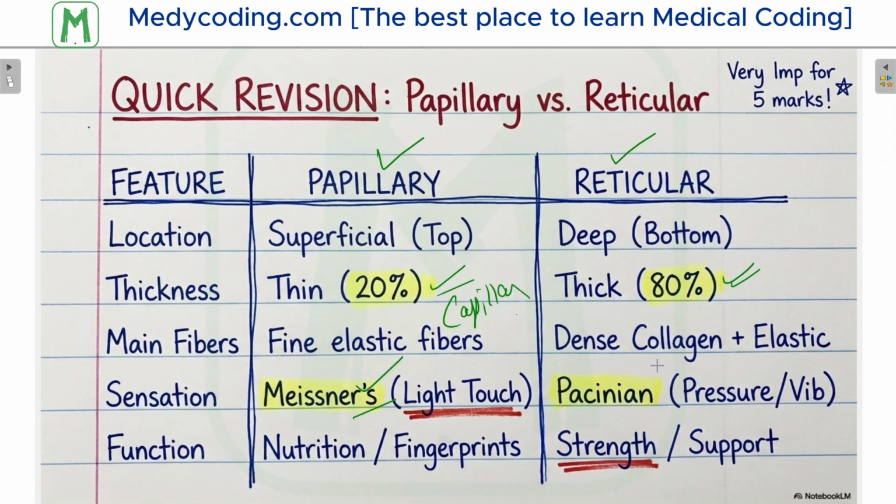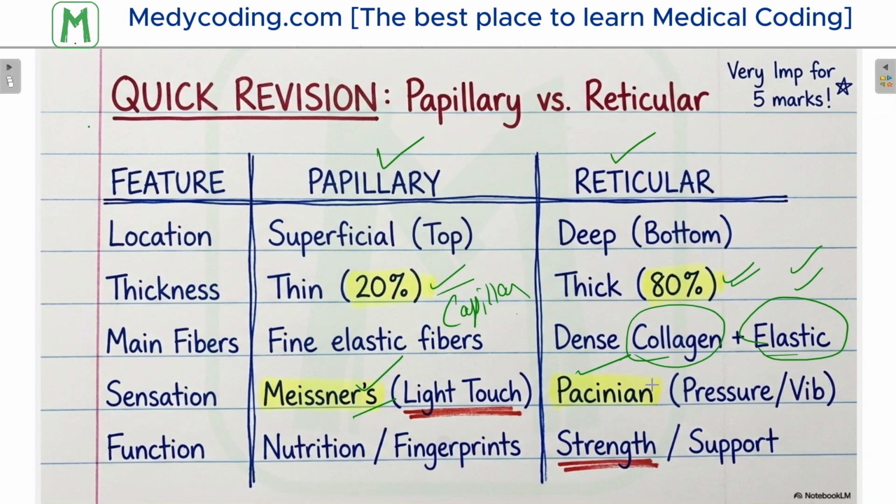Next, the reticular dermis layer contains collagen fibers and elastin fibers. It also contains hair follicles, sebaceous glands, and sweat glands. For sensory function, it contains Pacinian corpuscles that feel pressure and vibration.